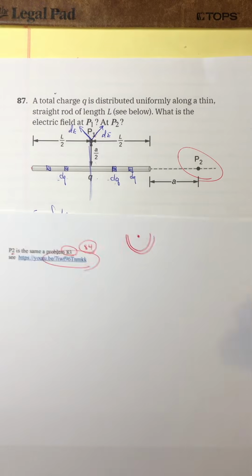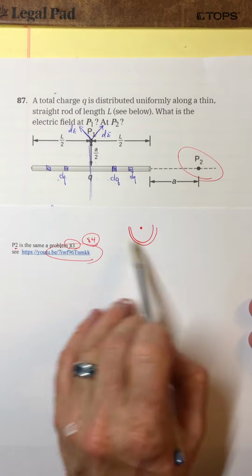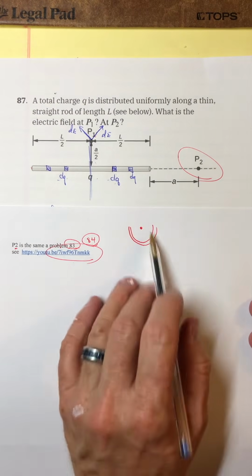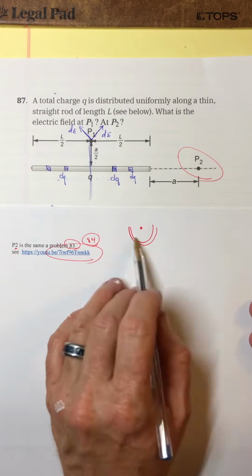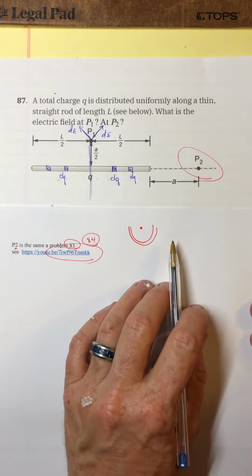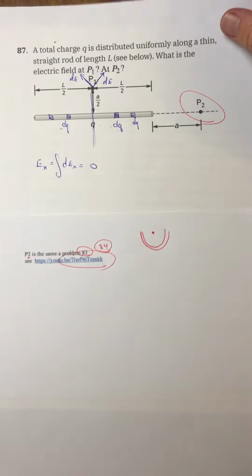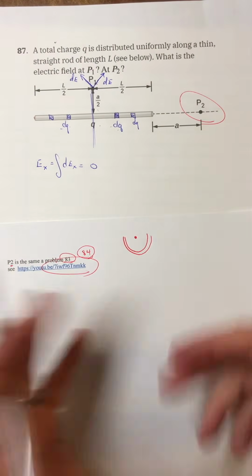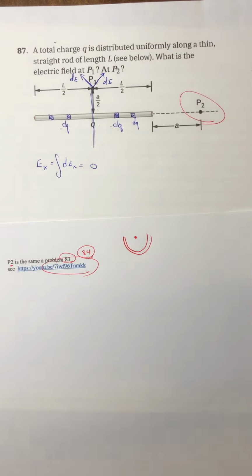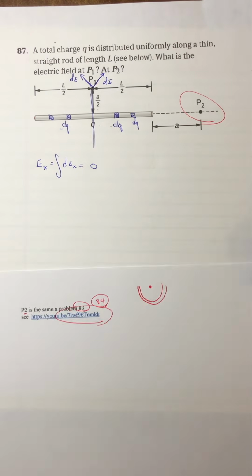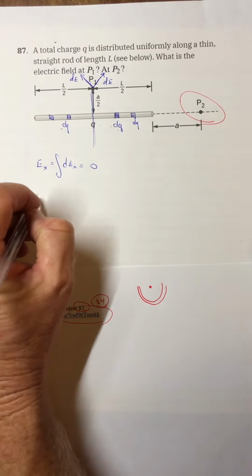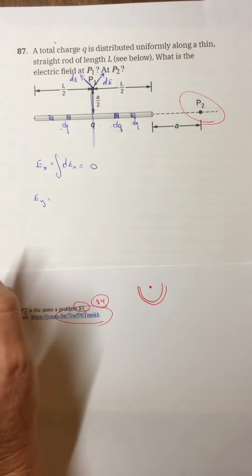And so, again, hopefully you did look at 84. That was kind of my argument here with the half circle, that you would have a symmetric twin. And so we can save ourselves a lot of math because we don't have to do half the problem. We already got the x component 0. Now, the y component, well, that's not so simple.